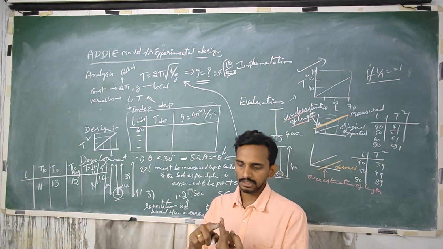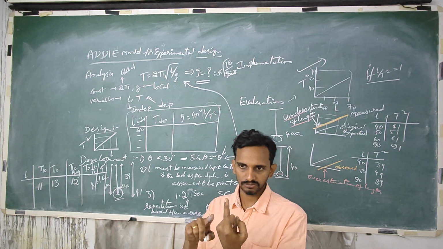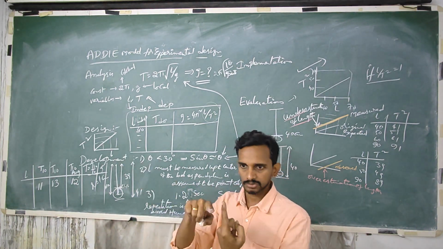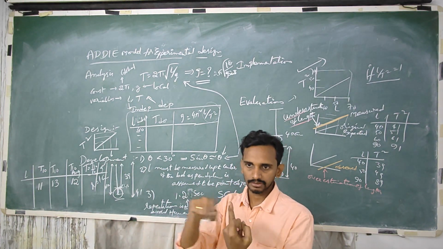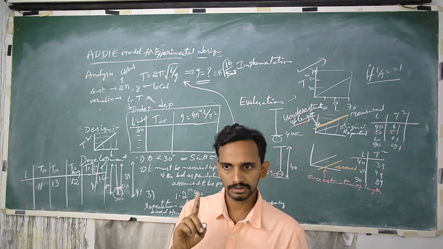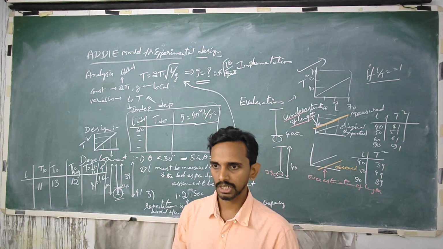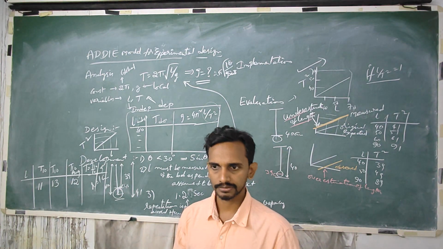So I count my starting count as 1, 2, 3, 4, and by the time I count 10, the actual count was 9. That means I am overestimating the time period.